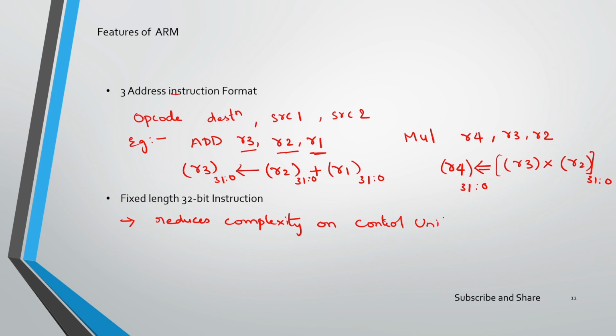The control unit is a very important block in the architecture. Having a simple control unit always results in faster execution. In other words, the speed of the processor is enhanced.